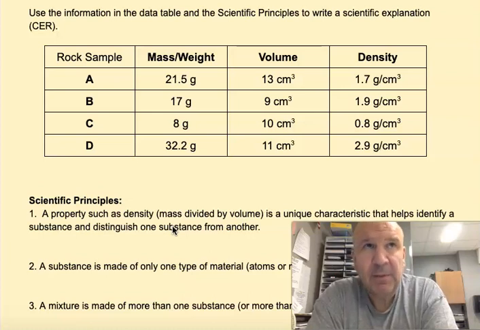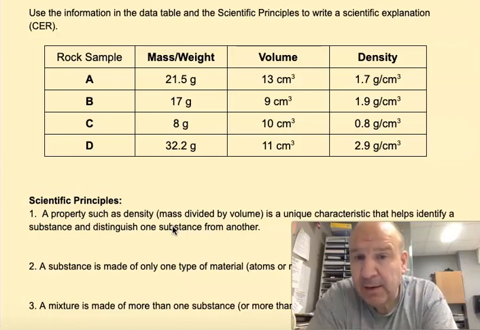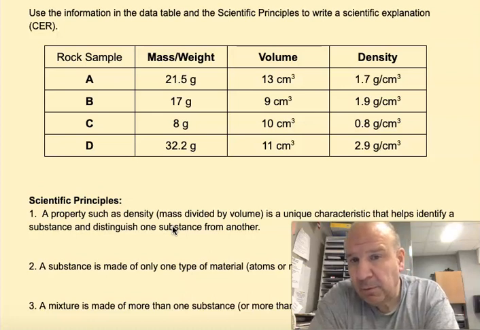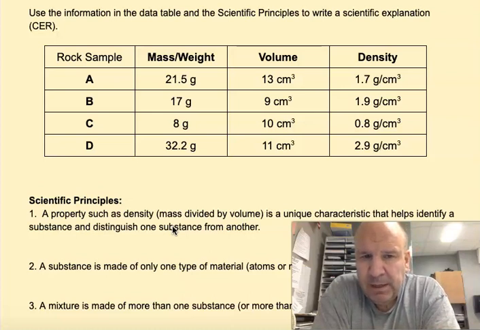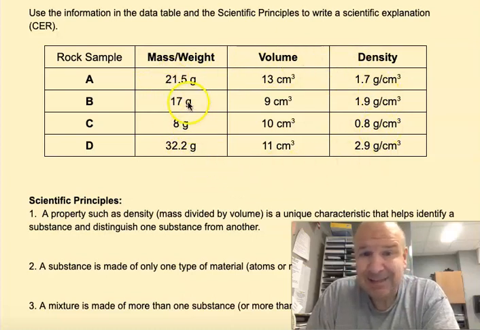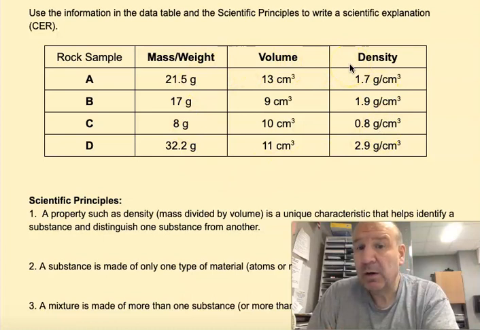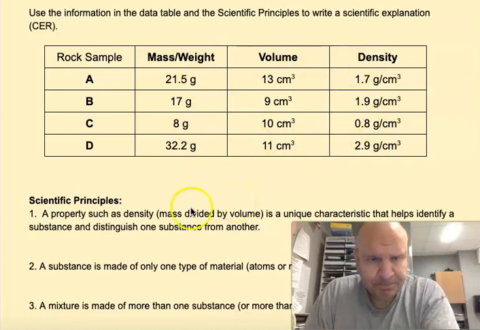The problem again is I don't know if you just don't understand what you're doing and are just taking a screenshot and putting the whole thing there, or if you want me to look at specific pieces of information. So make sure you include data. Don't just take a screenshot and put it in your evidence. Explain the data. You have to use the numbers from your data table. A bunch of you didn't use any of these numbers at all. You just tried to explain it in words, but again, I'm looking for that quantitative data as well.